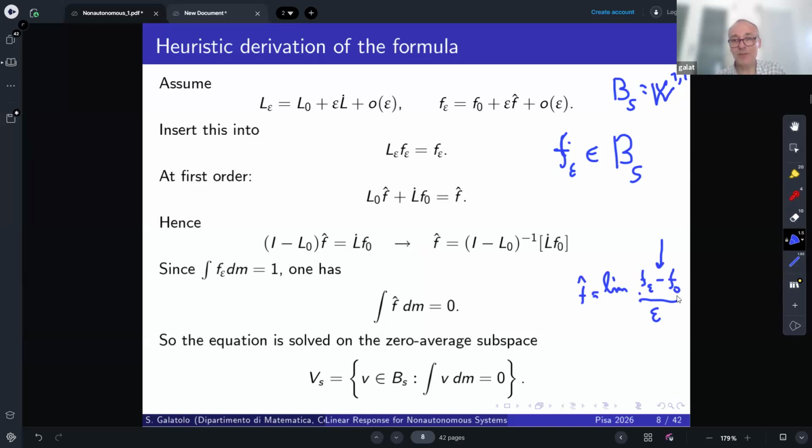This is a probability measure, and this is a probability measure. Hence, as epsilon goes to 0, the difference is always a zero average measure, a measure whose integral, the measure of the whole space, is 0. These kinds of measures are called zero average measures. And the linear response is a zero average measure.